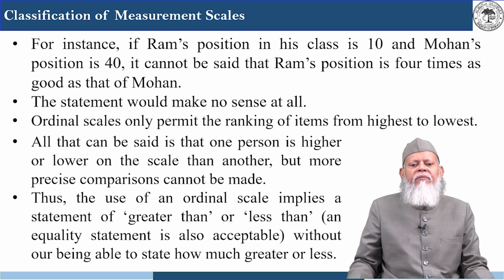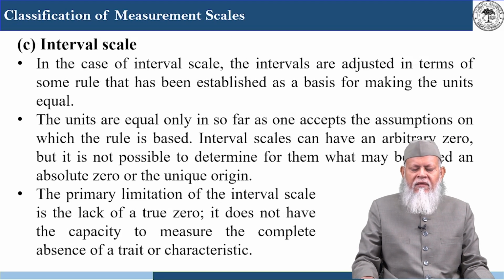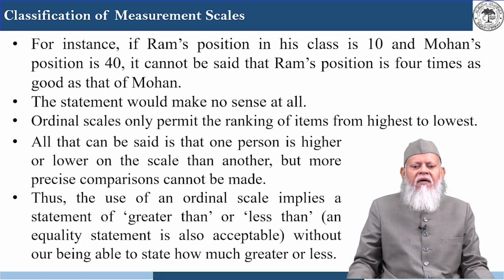The statement would make no sense at all. Ordinal scales only permit the ranking of items from highest to lowest. All that can be said is that one person is higher or lower in the scale than another, but more precise comparisons cannot be made.